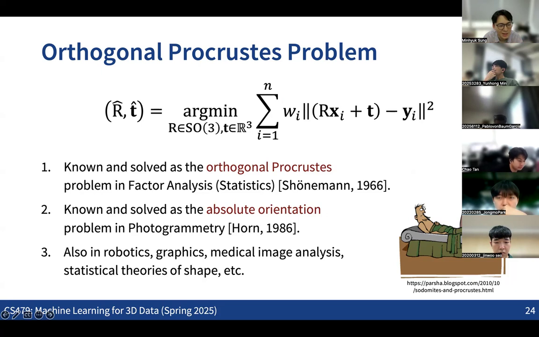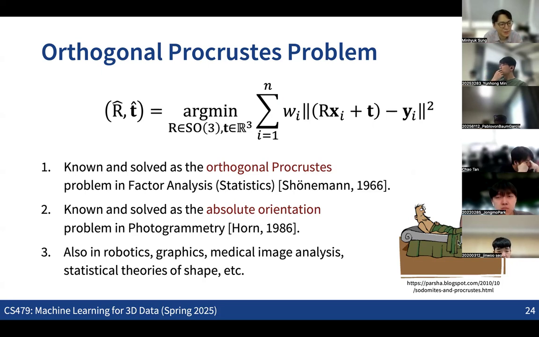And in the night, he would tie the guest's body on the bed, like this, as you can see in this slide. If the body was taller than the bed, he would cut off the body like this, and if the body was shorter than the bed, he would stretch the body to fit the size of the bed. So he is known as a serial killer who fit the guest's body into the bed.